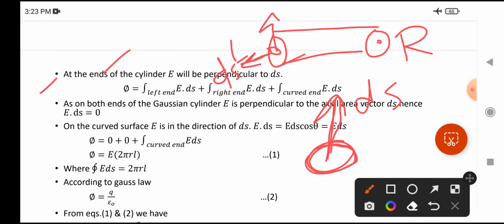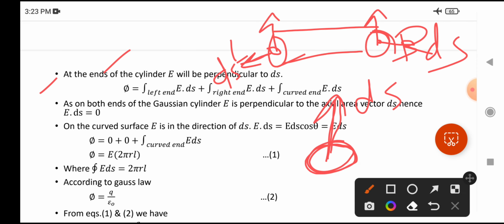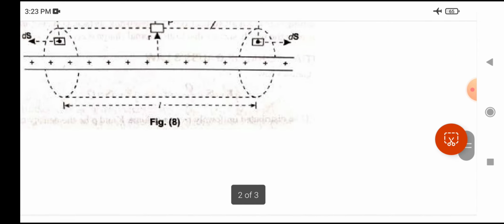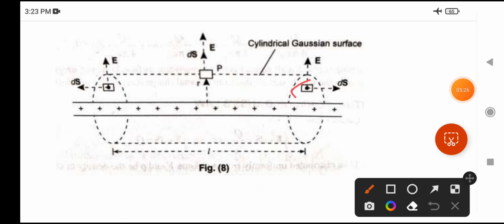At this point also, consider a small area whose area element is dS in this direction, but the field is like this. The angle between them is 90 degrees here, and here also 90 degrees. So once again see the diagram above. At the right end, the area vector is normal to the surface, along this direction, but the field is in this direction, so the angle between them is 90 degrees.